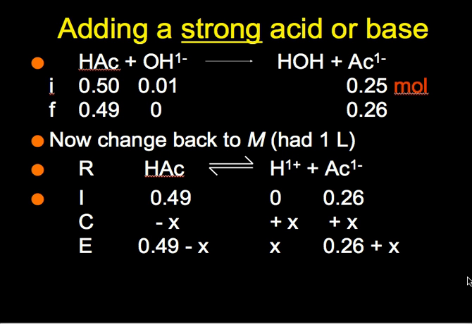If we know the equilibrium constant, 1.8 times 10 to the minus 5, then we can calculate the value of x. We can calculate the concentration of the acetate ion that is present at equilibrium after the reaction, and also the acetic acid, and then calculate the pH.